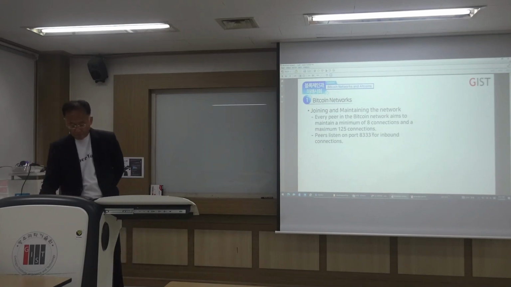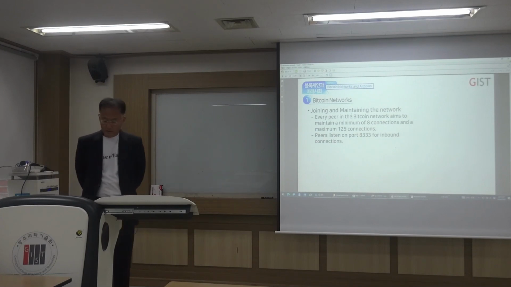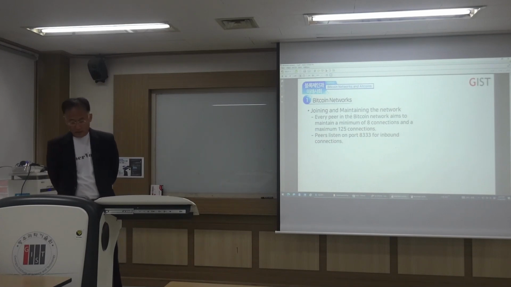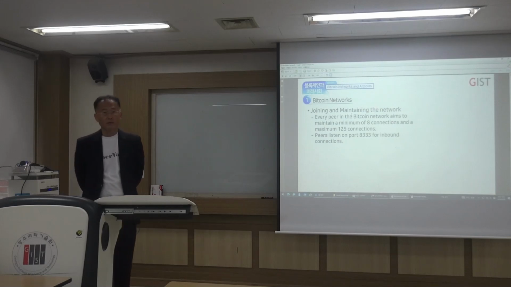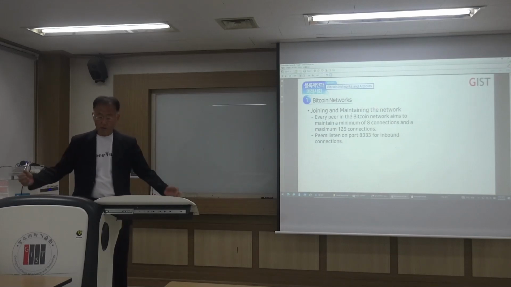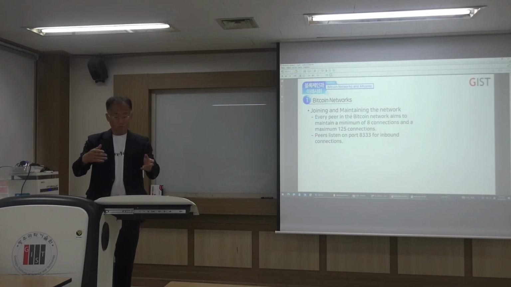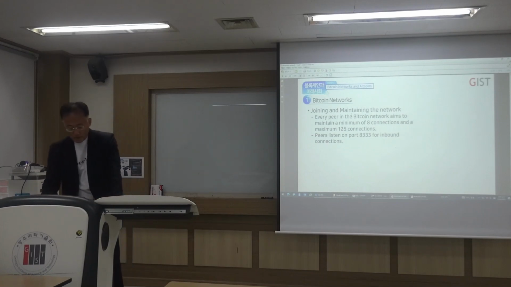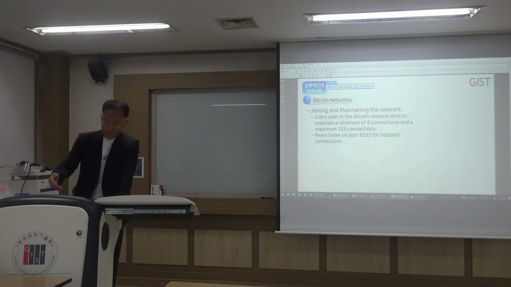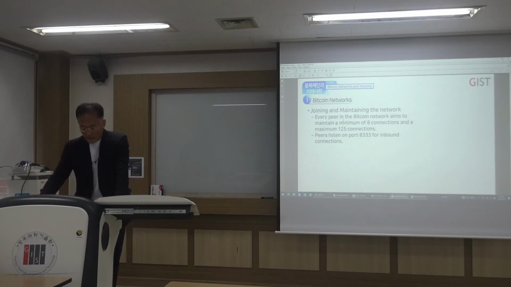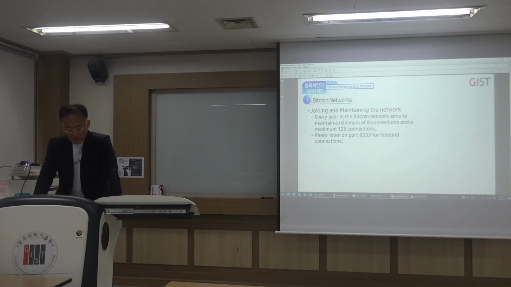Okay. And this is one important part. Basically, the Bitcoin network is a free network. I mean, you can jump in anytime you want, right? So every peer in the Bitcoin network needs to maintain at least 8 connections, and a maximum of 125 connections.